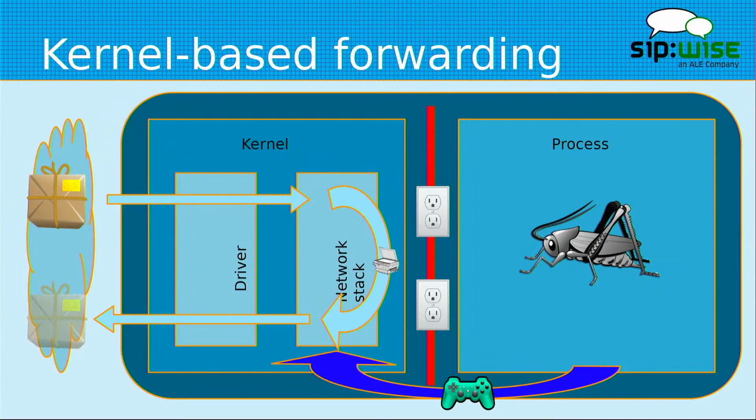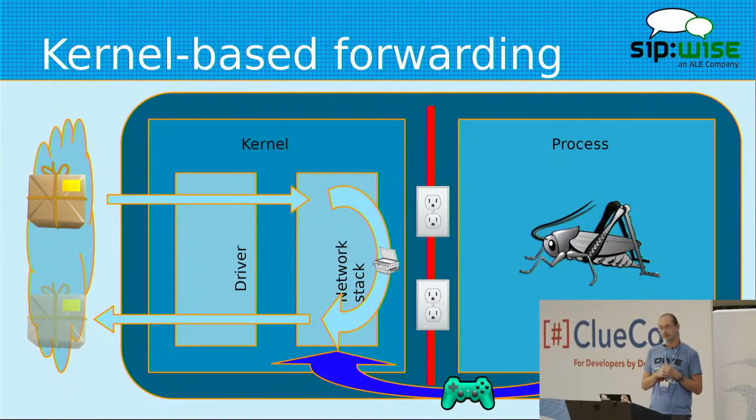Now the process still handles the logic part of it, the signaling and the negotiation part. And then there's a control channel from the process to the kernel, where the process tells the kernel what it should do with the packets that are coming in. Not per packet, obviously, because that would defeat the purpose, but it's like a set of rules.